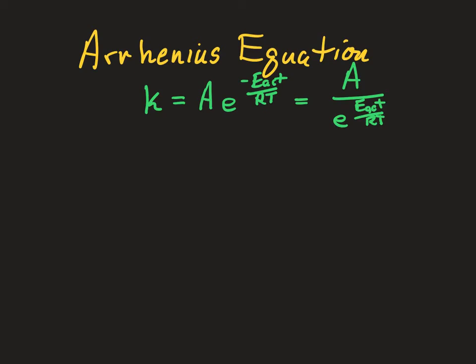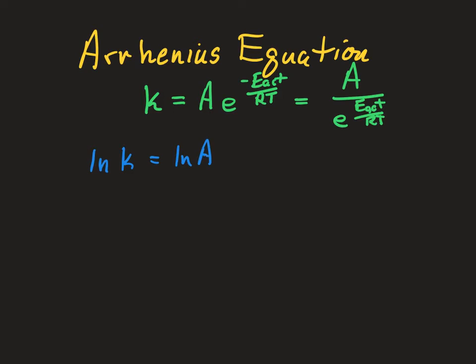Now, as we often do, whenever we've got something of interest in an exponent, we can get that out by taking a log. And so if we take the log of that expression, then you get the natural log of k, if you take the natural log, is equal to the natural log of A, right?